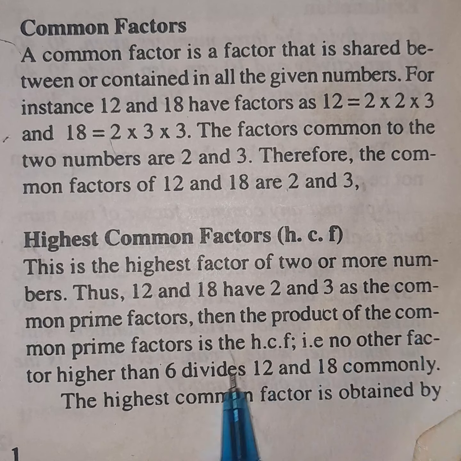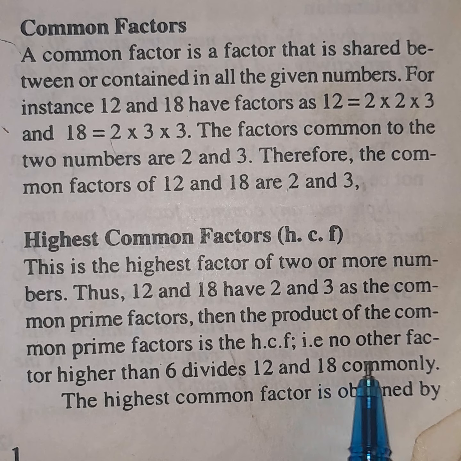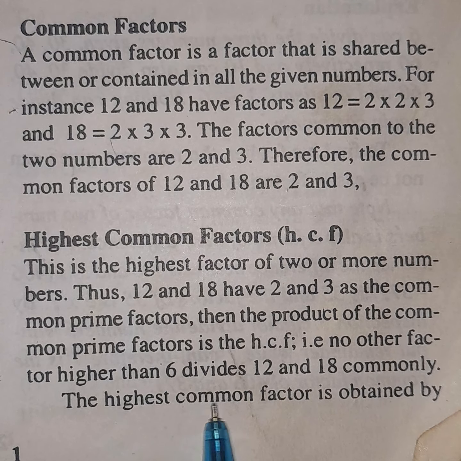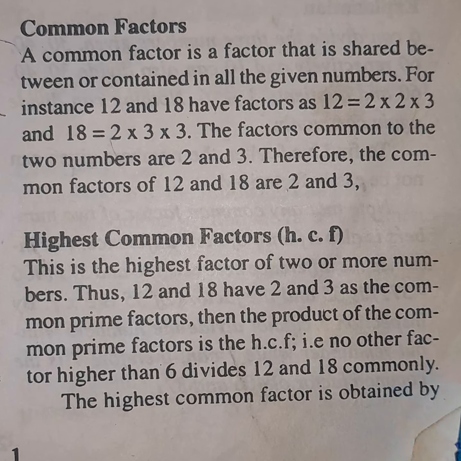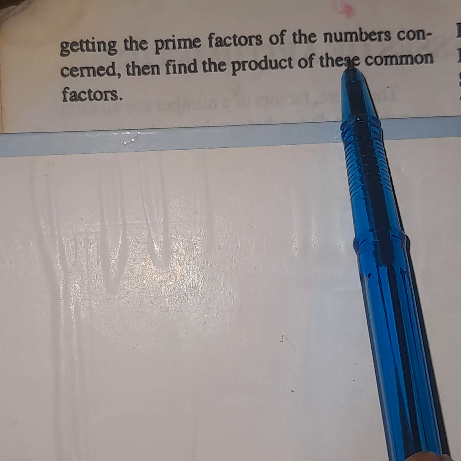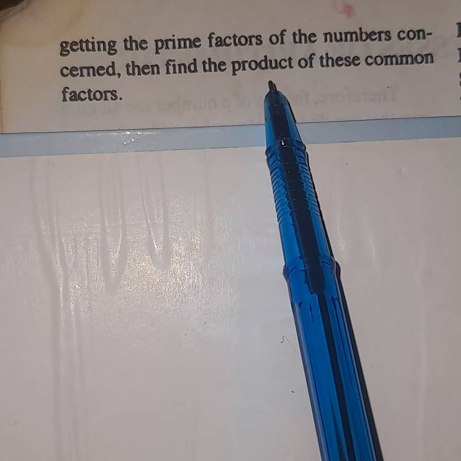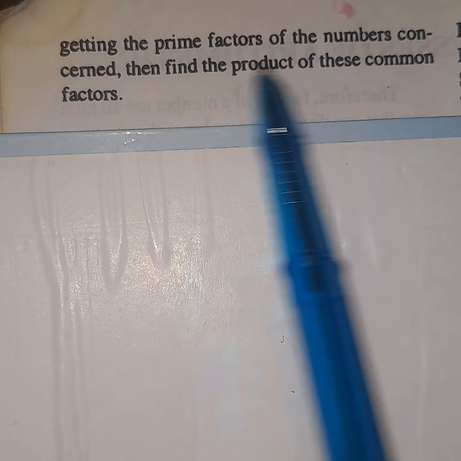No other factor higher than 6 divides both 12 and 18. So the highest common factor is obtained by getting the prime factors of the numbers concerned, then finding the product of these common factors.